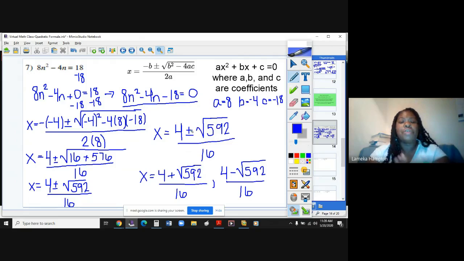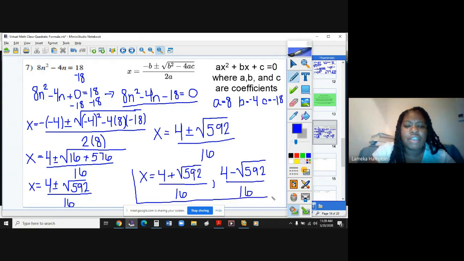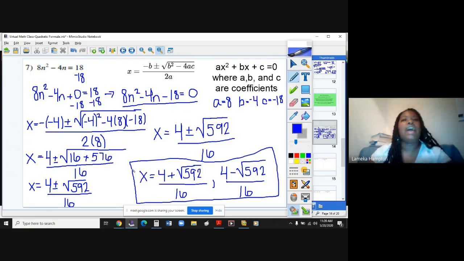So just remember on your math GED exam, when you're working with the quadratic formula and you get a problem kind of like this, it's okay for you to have an answer that's like this. Sometimes your answers are not always going to be whole numbers. Sometimes your answers are not going to be fractions.